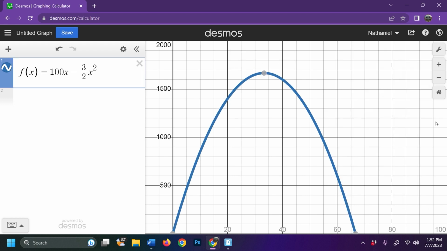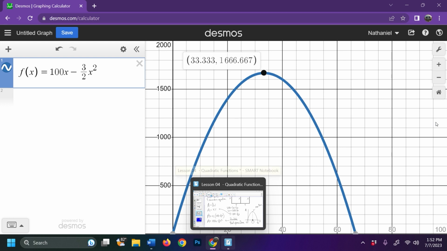And so this value right here tells me that when I make the x value 33 1/3, my maximum area is going to be 166.6 repeating feet squared. And so here's what I'll do.